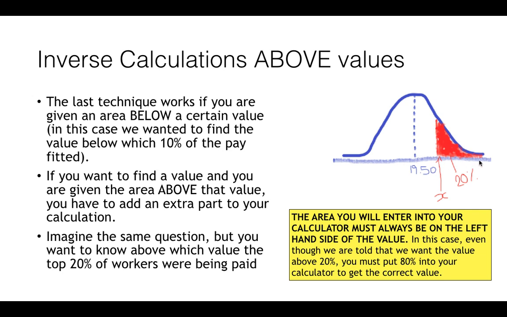So this area under the graph here is 20%. But because our calculator only works with areas below, the area that I'm going to use is actually 80%. Because I know the area below this value must be 80%, 100 minus 20. So when I put this into my calculator, I'm going to ask it for the value for which 80% of the data falls below.